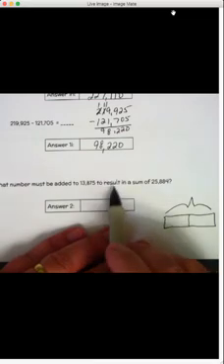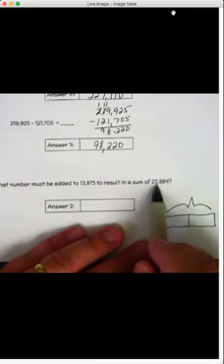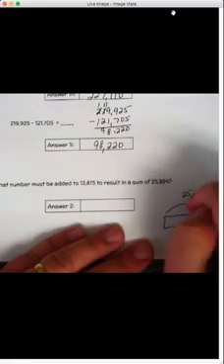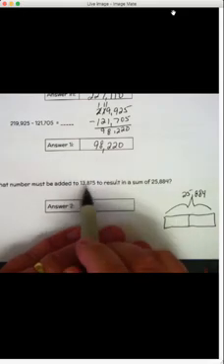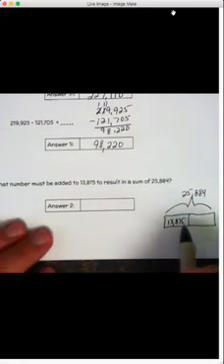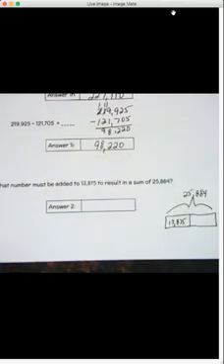And so the total number is this. We want to have a sum of 25,884. And one of our numbers is 13,875. So we want to know 13,875 plus what would get me that. So we've got to find the difference in these two to see what should go there.